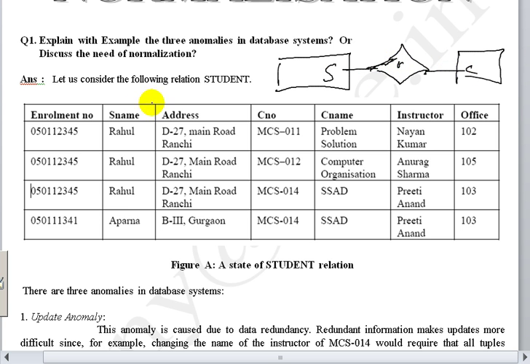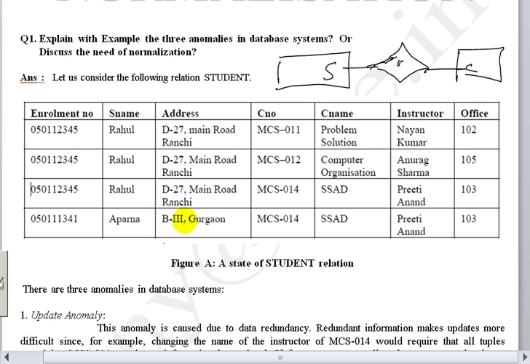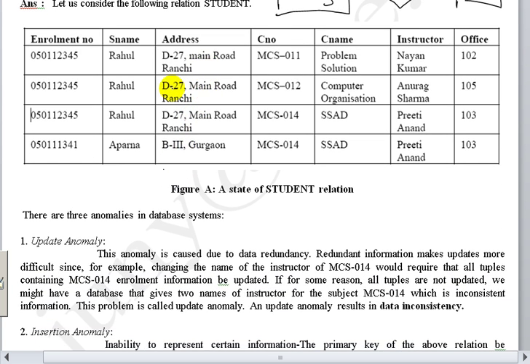So we start making a full table. This is an example from some book we have taken. Now this is enrollment, this is name, this is address, course number, course name, instructor, and office. So we try to make one big table which has everything in it, all the information.